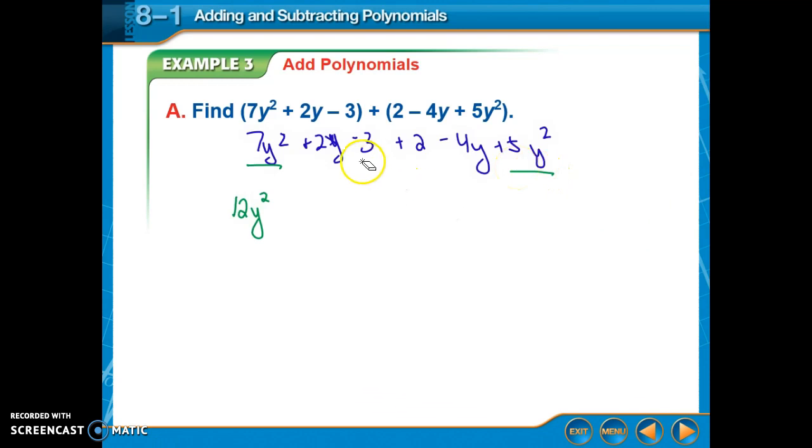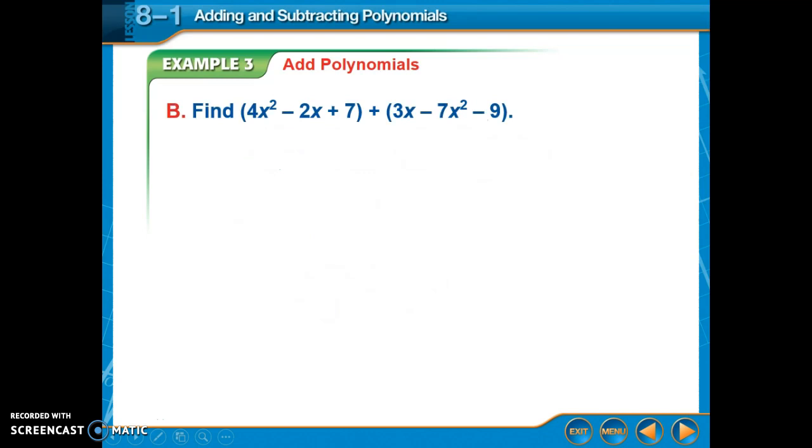Then the next, I have 2y and negative 4y, which makes a total of negative 2y. And then you want to do your constants. So we have negative 3 and 2, and that makes negative 1. So my final answer is 12y squared minus 2y minus 1. Okay.